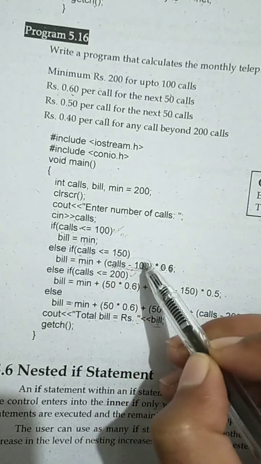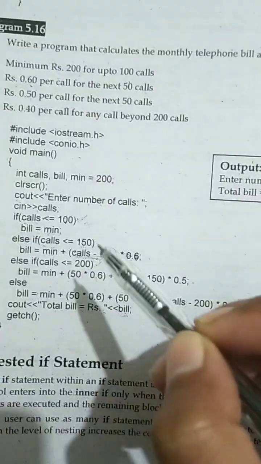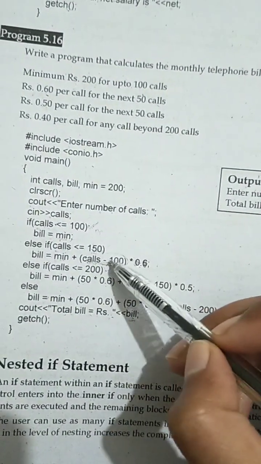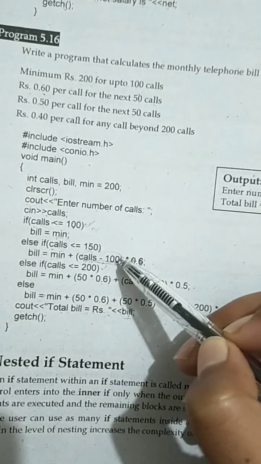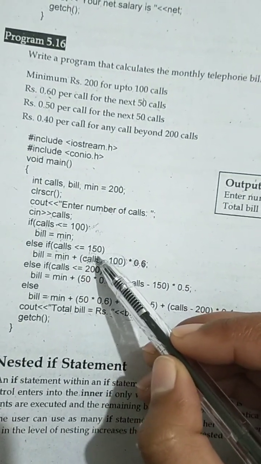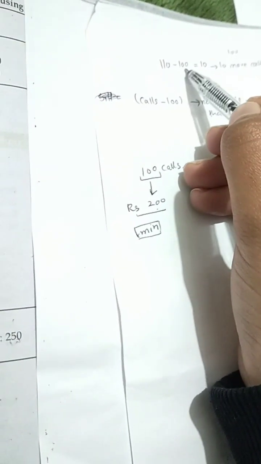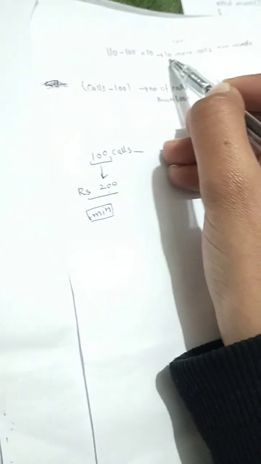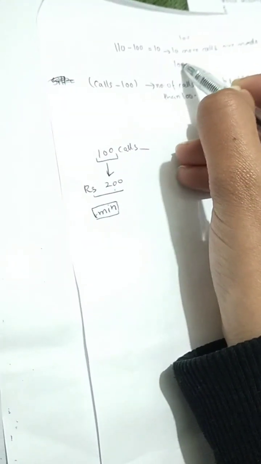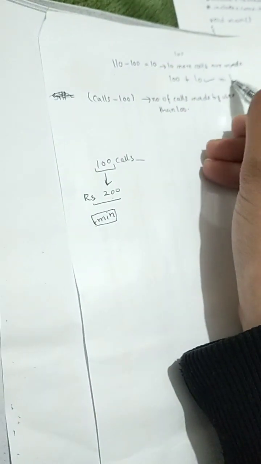Plus calls minus 100: the value in parentheses tells you how many more calls than 100 are made. For example, 110 minus 100 is equal to 10, which means 10 more calls are made by the user.